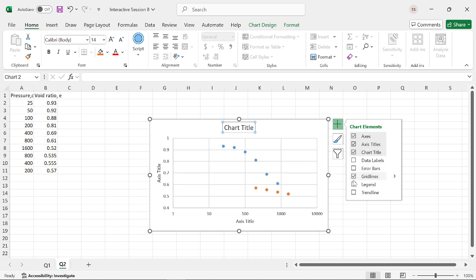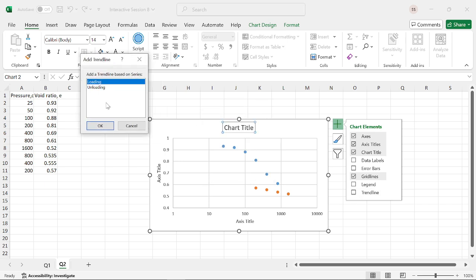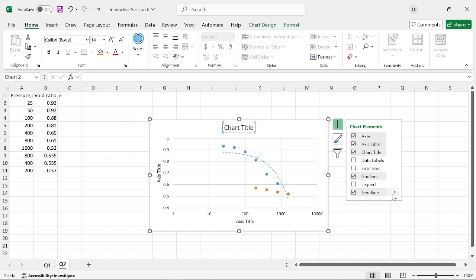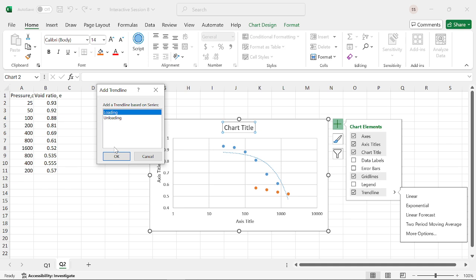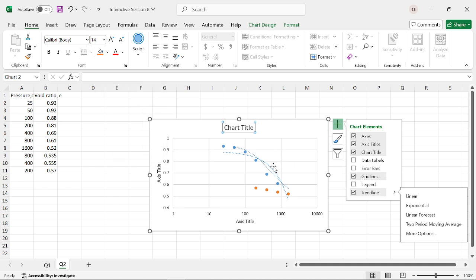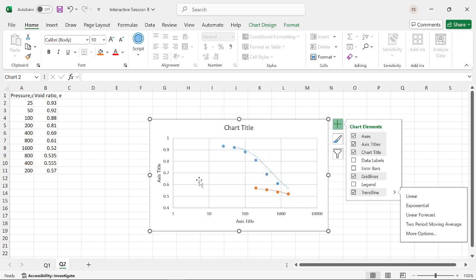We can have trend lines. Something like this for loading and linear for unloading. Okay.